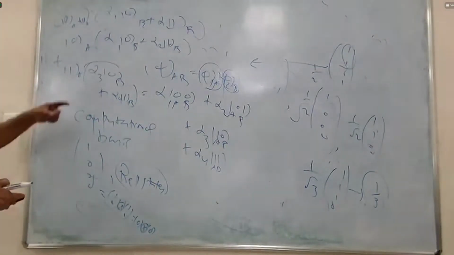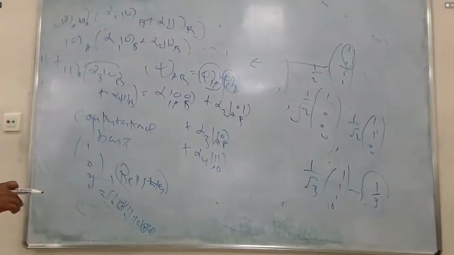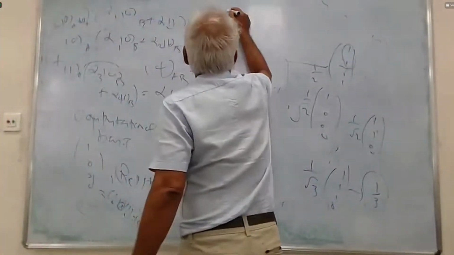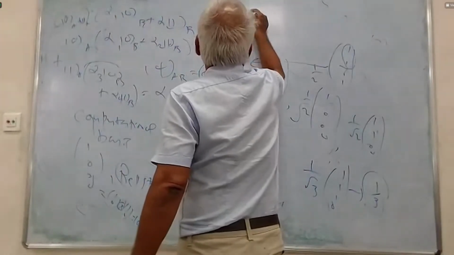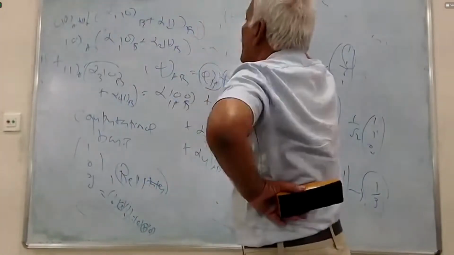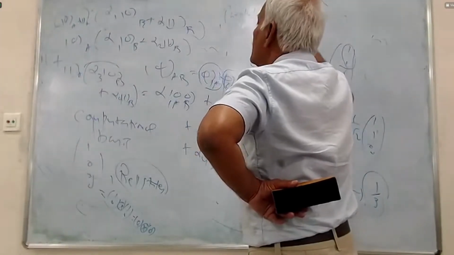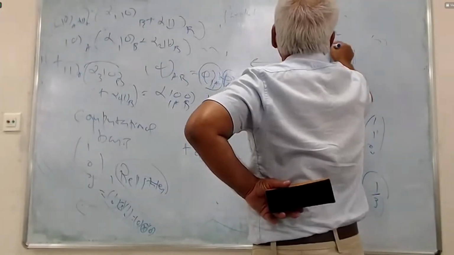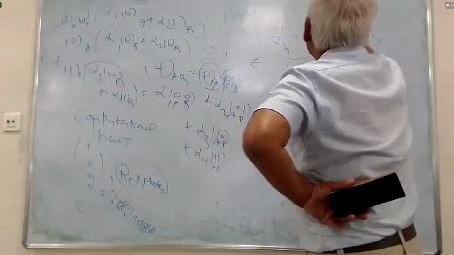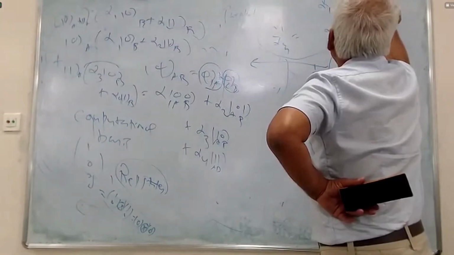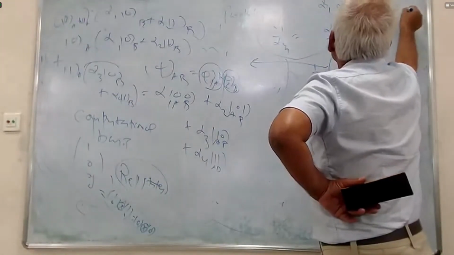What is parallel? If these two vectors are parallel, then alpha 1 by alpha 3 is equal to alpha 2 by alpha 4, that is, alpha 1 alpha 4 minus alpha 3 alpha 2 equals 0.